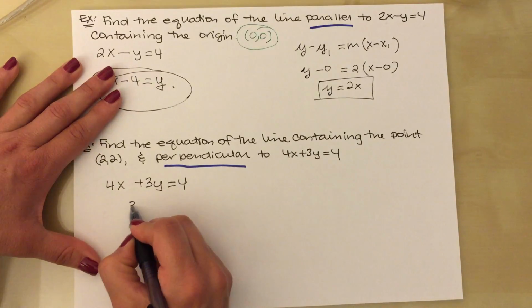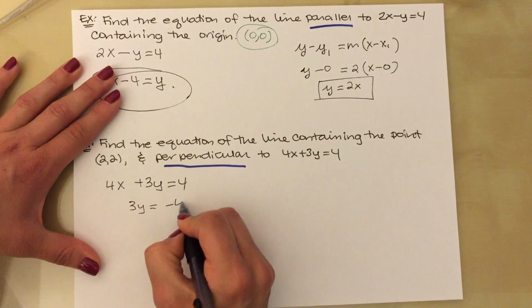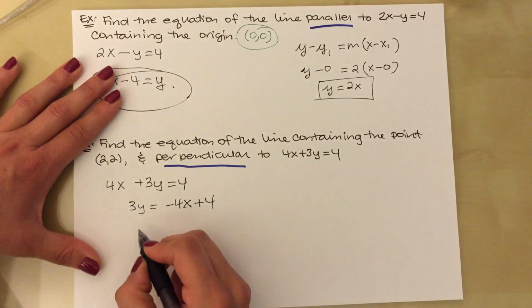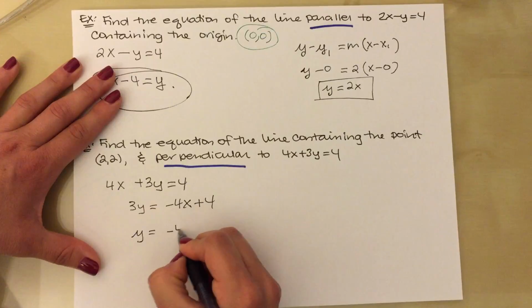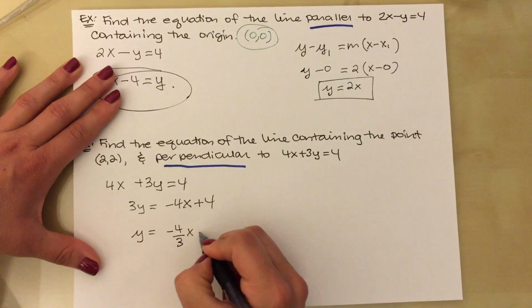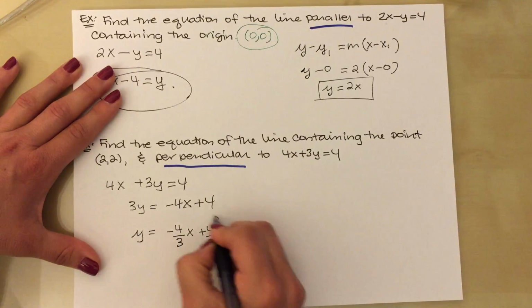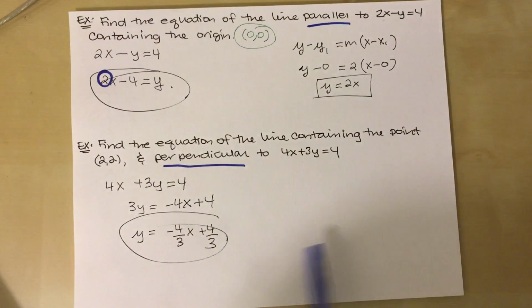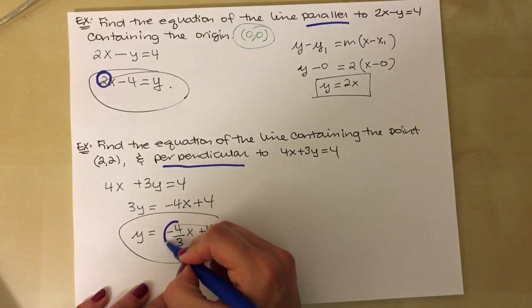Subtract 4x. Then we should divide by 3.